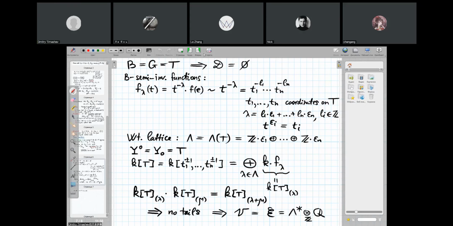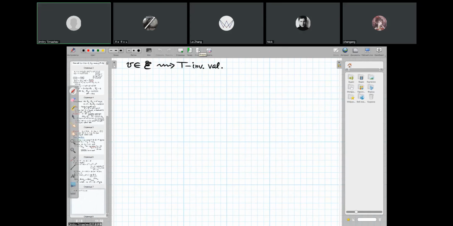Okay, so let me speak a little bit more about T-invariant valuations. For any vector V in the vector space E, we can explicitly describe the T-invariant valuation as follows.